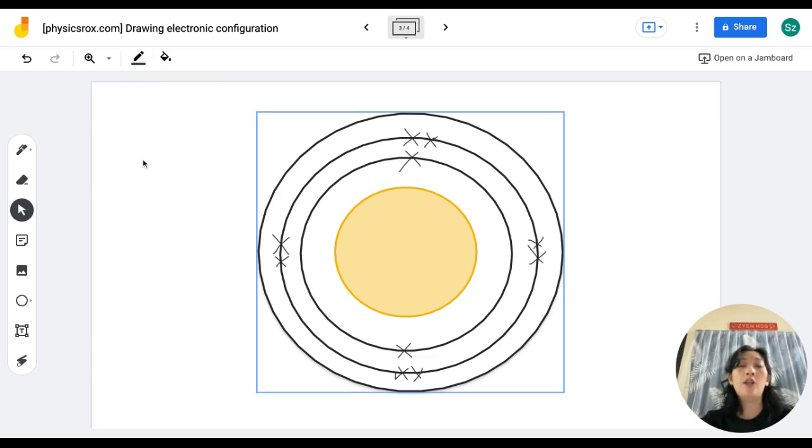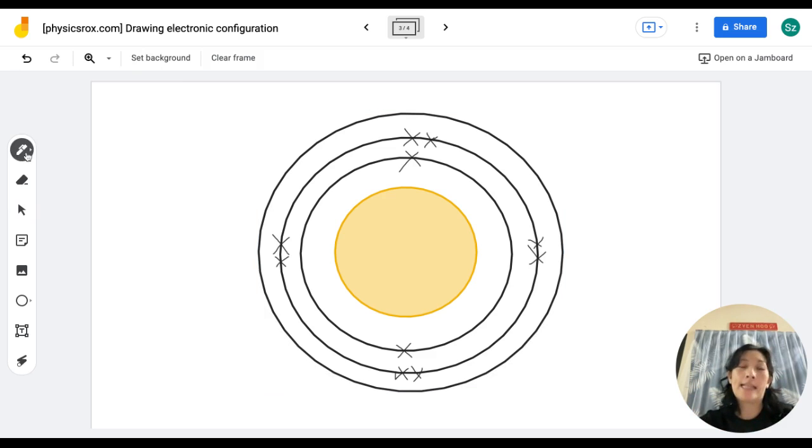In the third shell, you follow the same rule. The third shell is similar to the second shell in the sense that its maximum number of electrons is also 8. And you follow that rule of going opposite first and then filling up the quadrants. So like I said, let's say this is 15, right? We've got 2 in the first shell, 8 in the second shell, leaving us with 5 for the third shell.